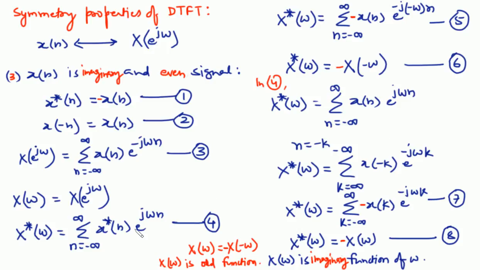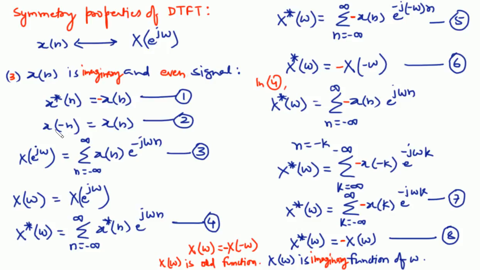Now in expression 4, the complex conjugate of x[n] is replaced by minus x[n]. Now n is replaced by minus k. If n is replaced by minus k, then this will be minus x of minus k.